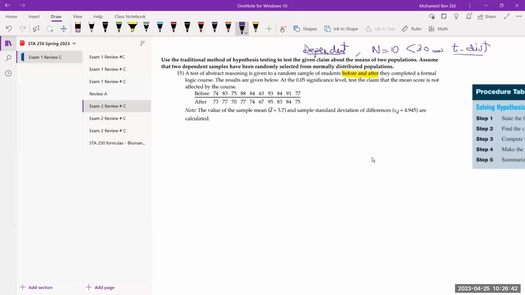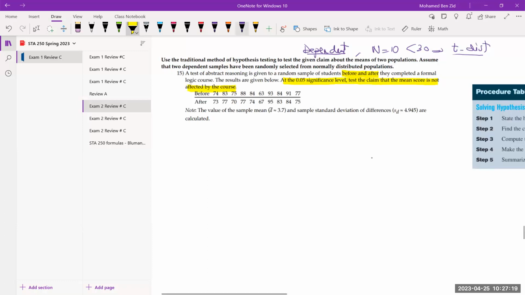Okay. Now, I need to find my claim. So the claim is right here: at the 0.05 significance level, test the claim that the mean score is not affected by the course.